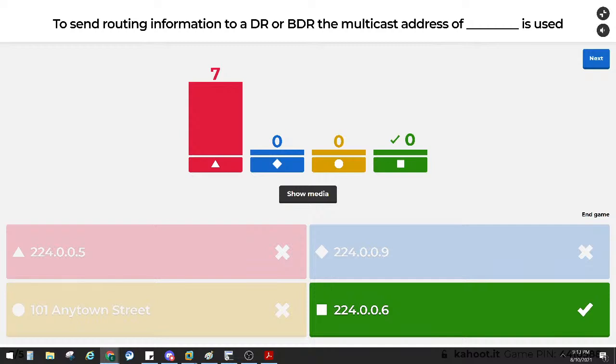All OSPF routers might be 5, all OSPF DRs are 6. 224.0.0.5, the OSPF router's address, is used to send hello to all. So .6 is correct, 5 is for all OSPF routers. So yeah, it's really .6.